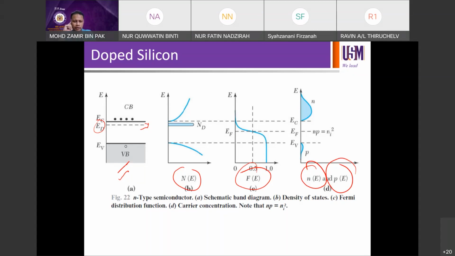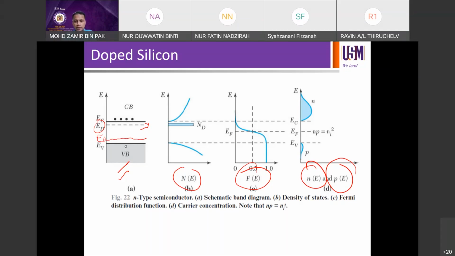The new energy level in that case will be EA, the acceptor energy level. Where would you think the EA will be in the band gap for P-type? Near VB, right? It's going to be right above VB for P-type. For N-type, it is right below EC, within the band gap. So ED is right below EC, EA is right above VB, okay? That's how it goes.